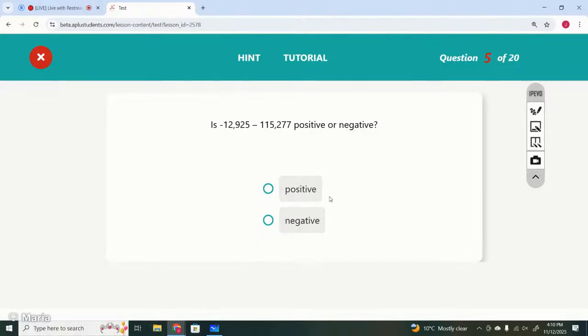Both the numbers are negative, so the answer must be negative. Is negative 43,871 plus 224 positive or negative?